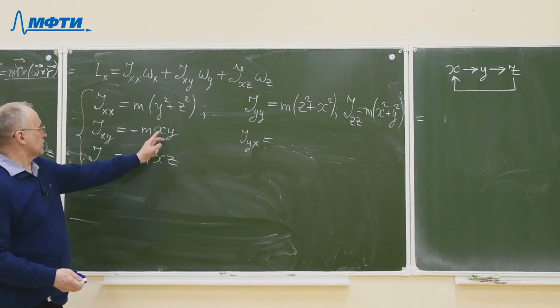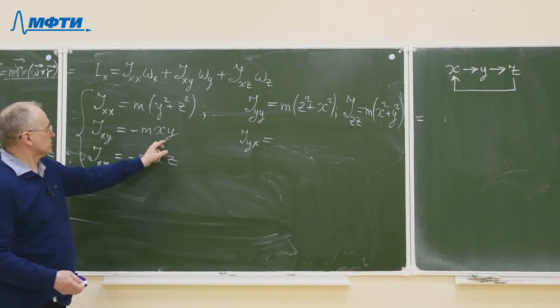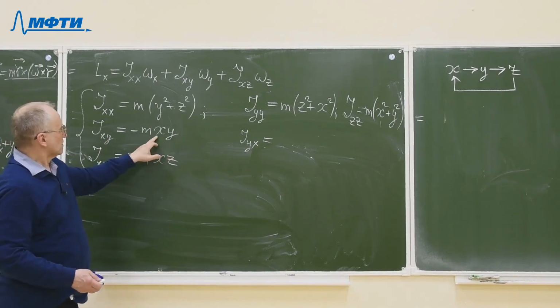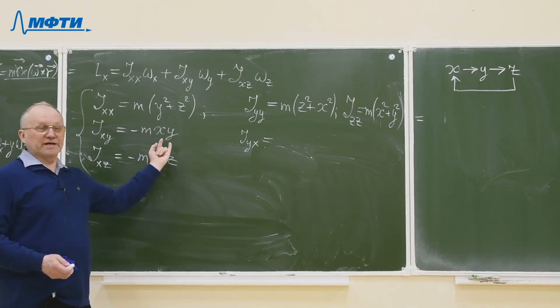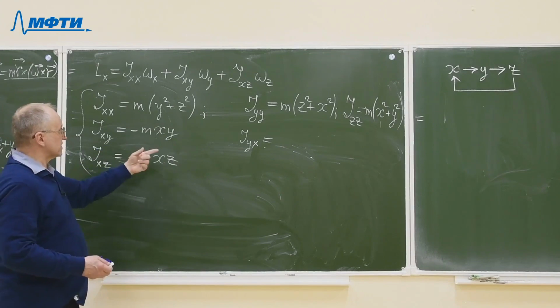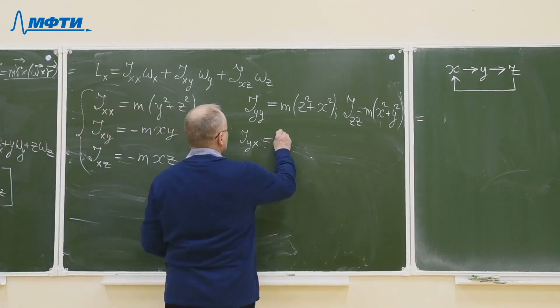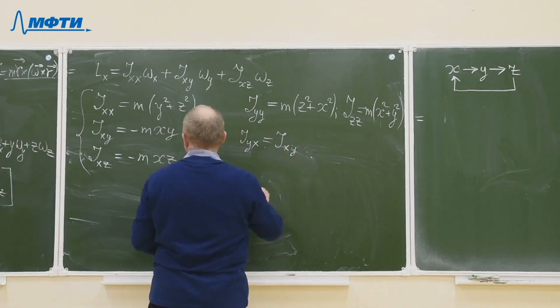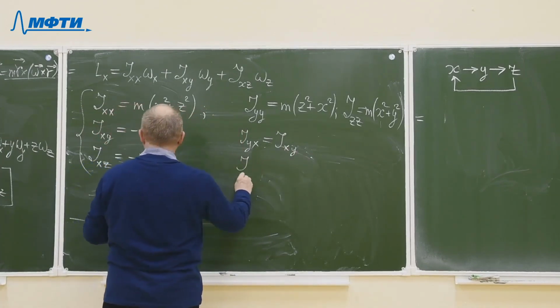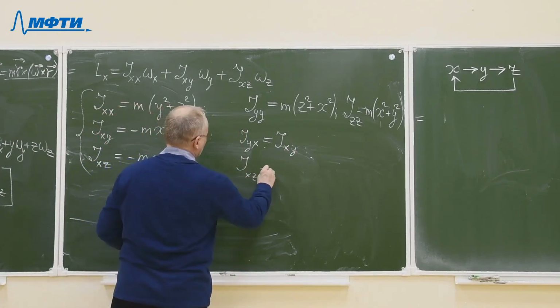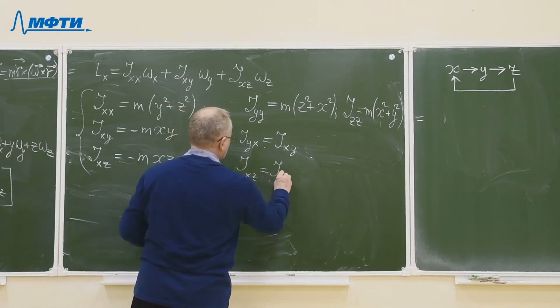If I interchange these two coefficients x and y, if I just change places, will anything change? No. I will obtain the same number. So Iyx will equal Ixy. And also here, Ixz will be equal to Izx.